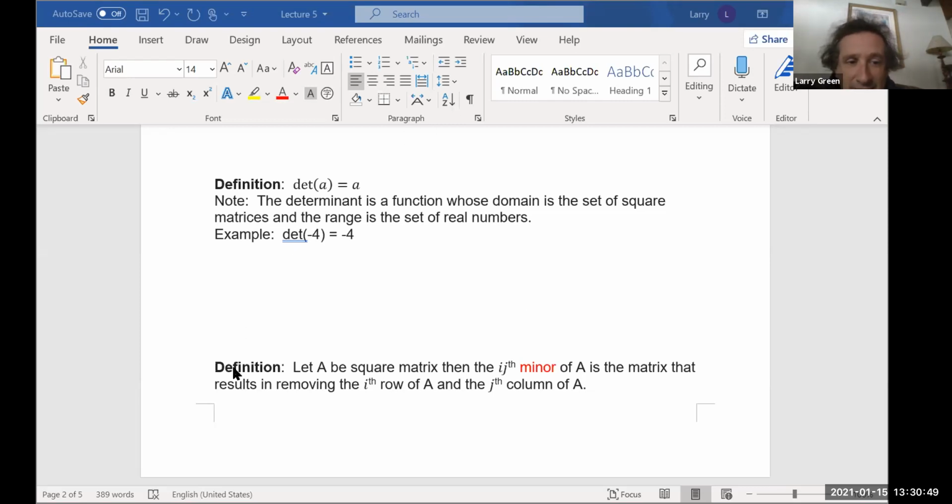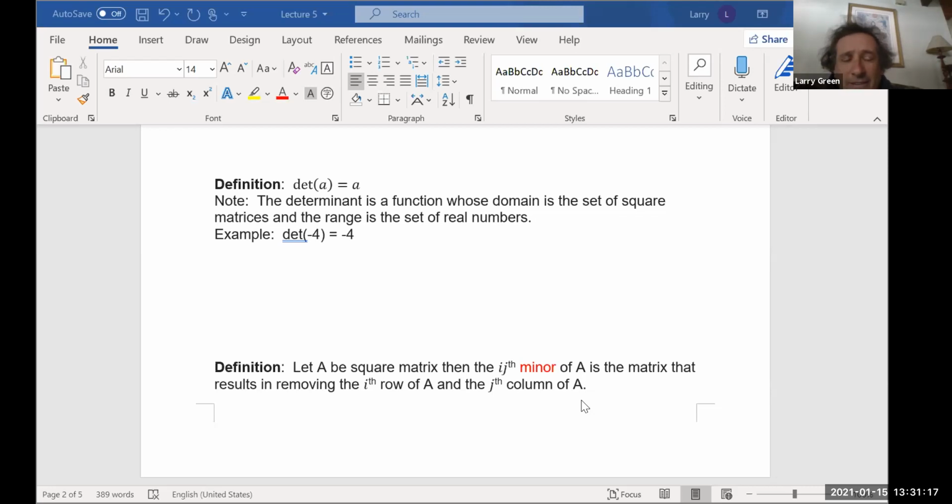This next definition is the following. Let's suppose A is a square matrix. Remember, I said today all matrices we're dealing with are square. Then the ijth minor of A is the matrix that results from removing the ith row of A and the jth column of A.